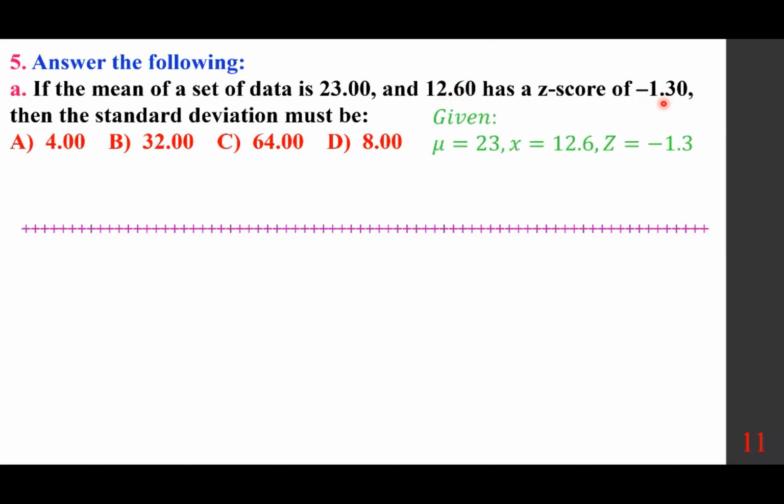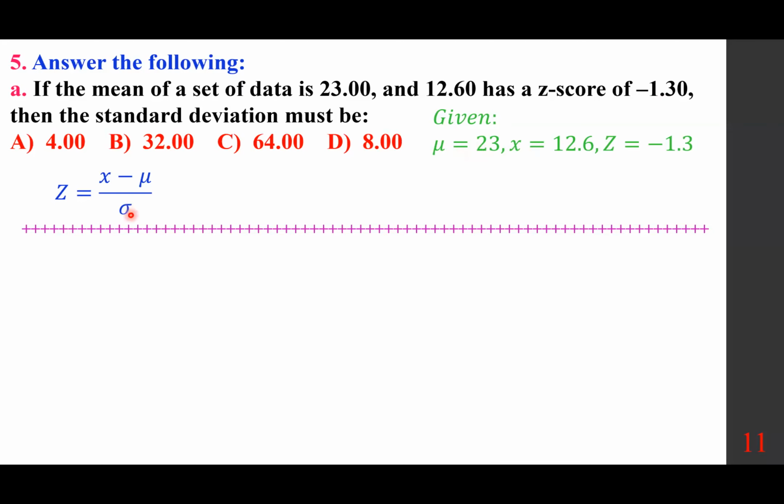So this is the given, everybody. We know the formula z equals x minus mu over sigma. We have everything and sigma is missing.